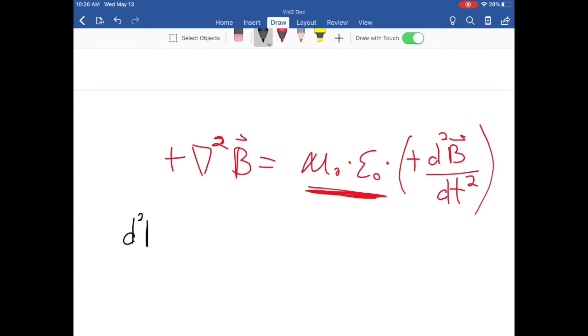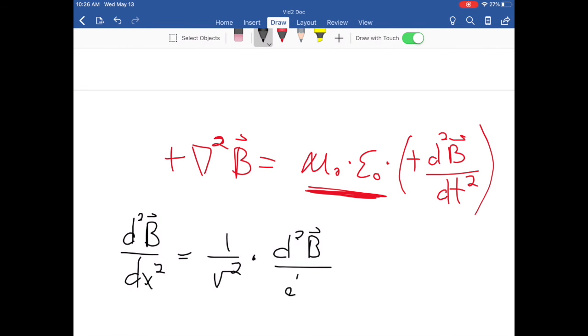The double derivative of the magnetic field with respect to position, and in this case x, is equal to 1 over velocity squared times the double derivative of the magnetic field with respect to time. And thus, we have now derived the Maxwell's wave equation from the perspective of the magnetic field as well as with respect to the electric field.